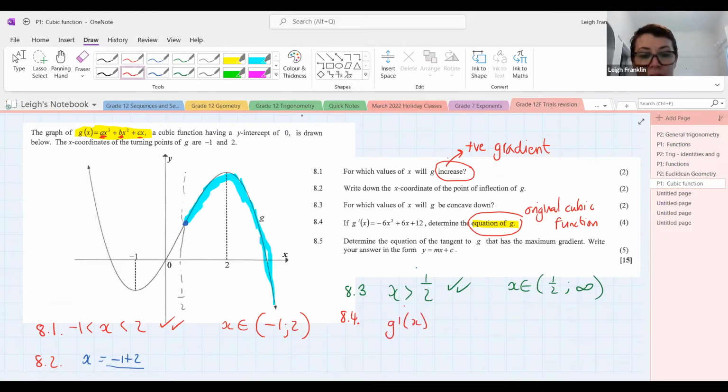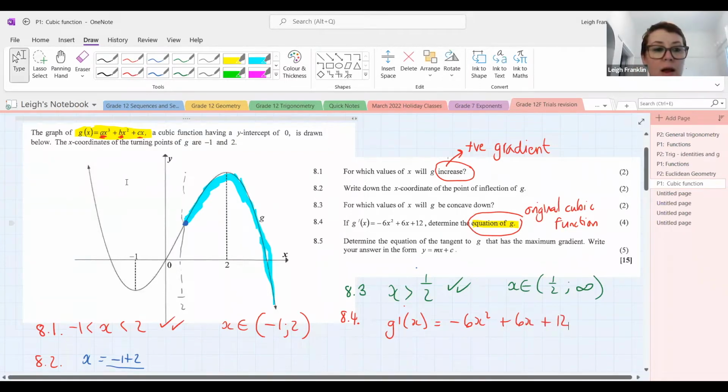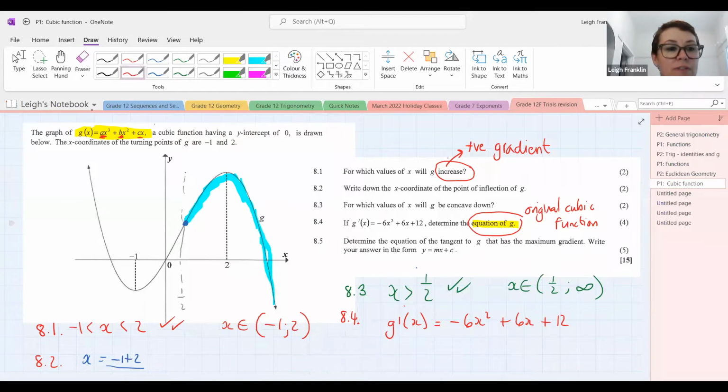The derivative that they've given us is minus 6x squared plus 6x plus 12. The only way that we can relate that to what they've given us is by taking the derivative of this. So we are now going to apply the power rule to that.